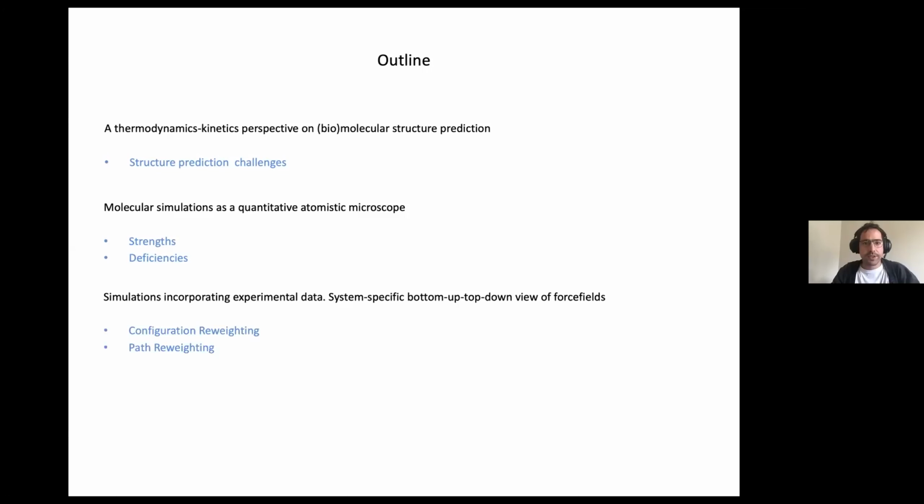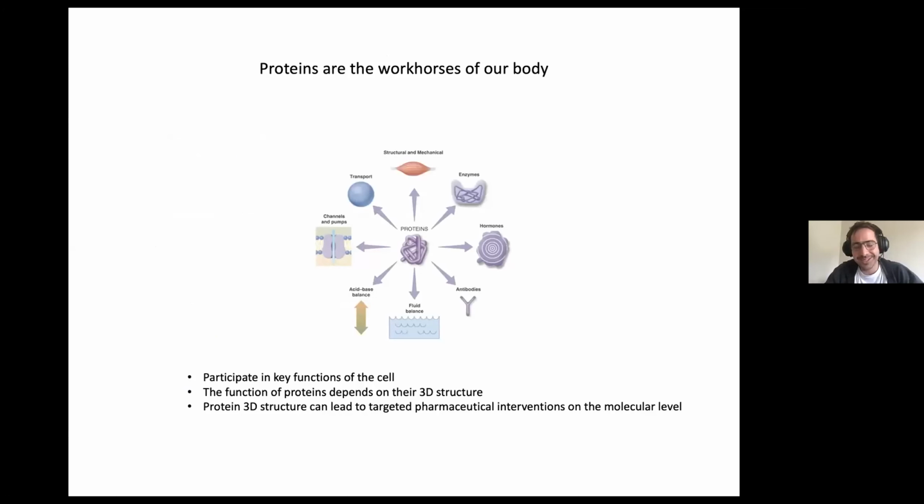Okay, so I'm super convinced that I don't have to persuade people about why protein structure prediction is important, and why proteins are important. They participate in key functions of the cell, for instance in ion channels and enzymes, or they can be misfolded and cause misfolding diseases, and such function depends on the structure.